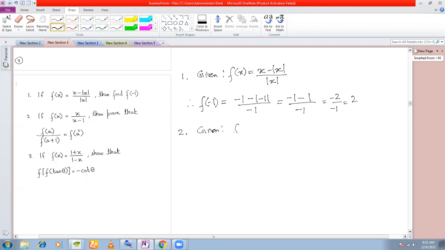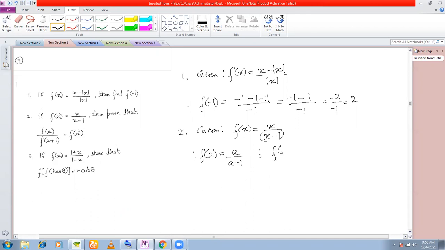Given f(x) is equal to x by x minus 1. You need to show that f(a) by f(a plus 1) is equal to f of a square. So f(a) by f(a plus 1) is equal to some function of a square. That is what you need to show. First let us find out f(a). So f(a) here is a by a minus 1.